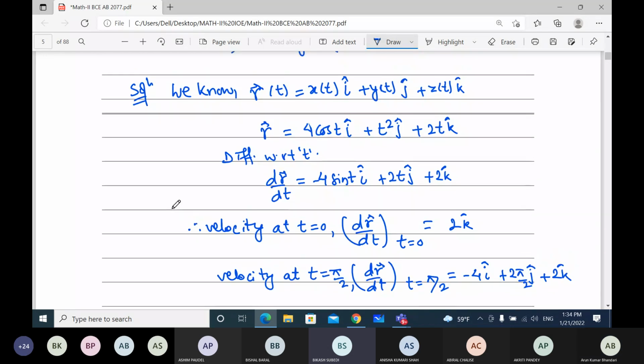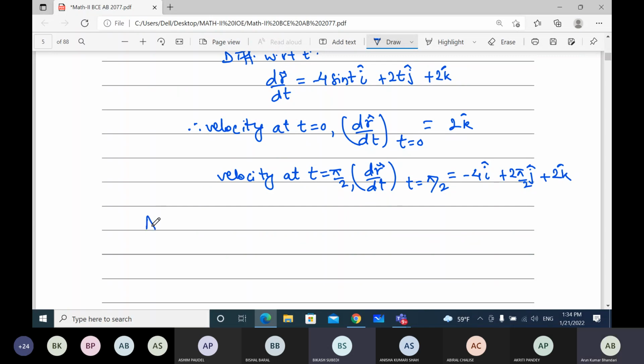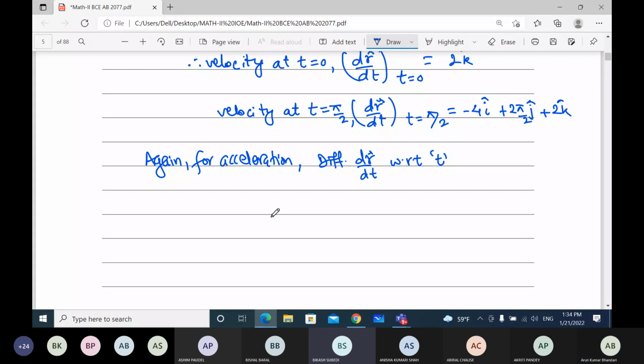Again, for acceleration, differentiating dr by dt with respect to t, what we get is d2r by dt square equals d by dt of dr by dt.